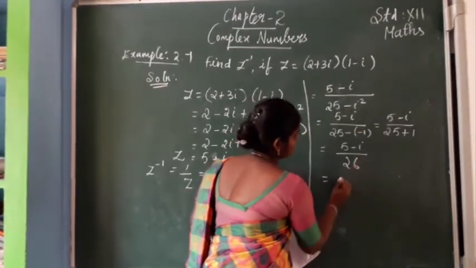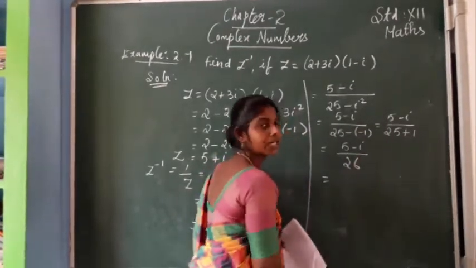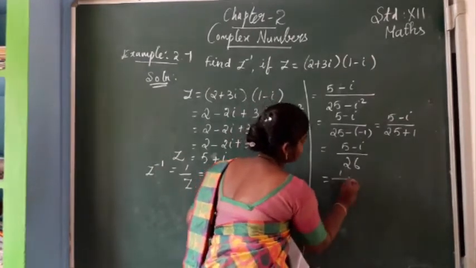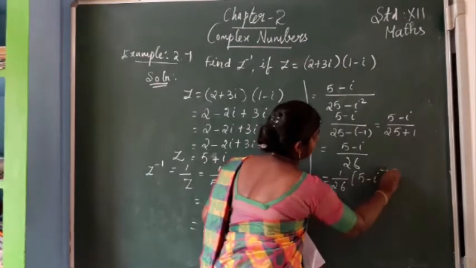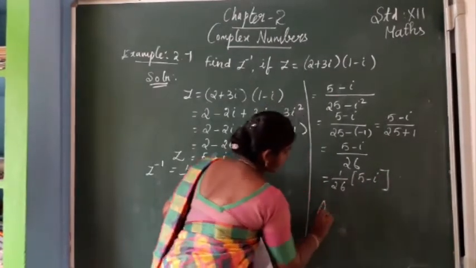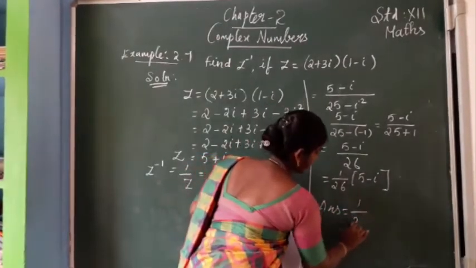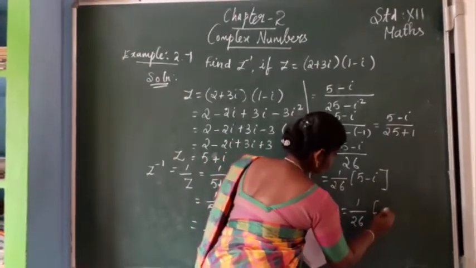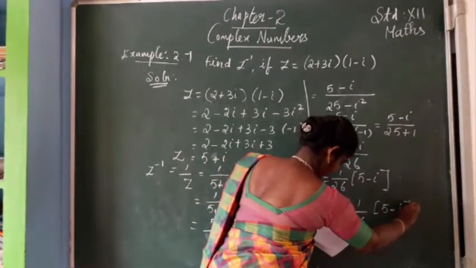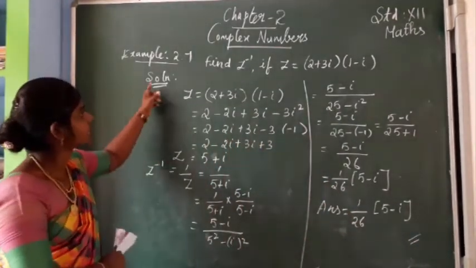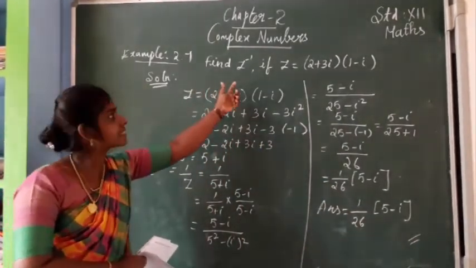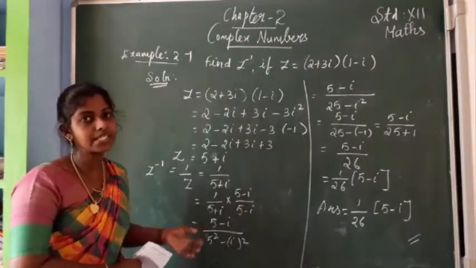So we can take 1 by 26 outside: the answer is 1 by 26 into (5 minus i). This is the Z inverse value. Z is given, and you have to find the Z inverse value.